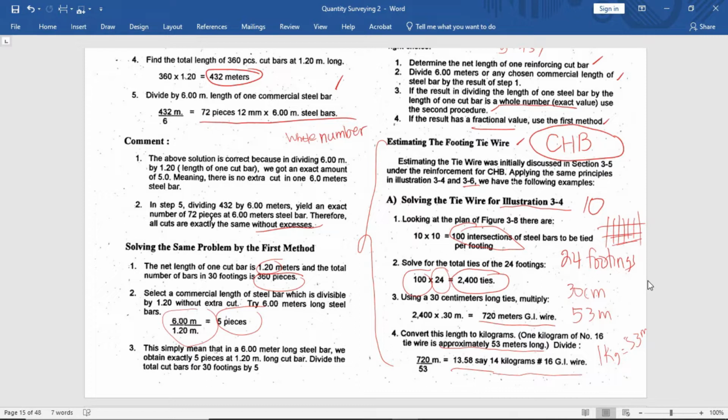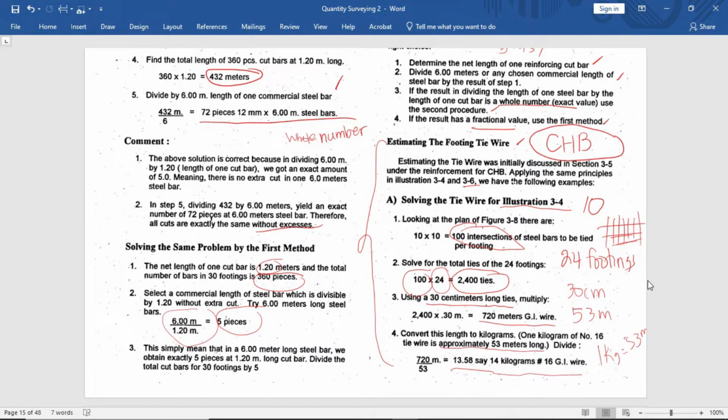So, first, compute the number of intersections, kung ilang times na intersect yung mga bars natin. After that, multiply it by number of the footings, kung ilang footing yung given. Tapos, times natin by the length of the ties that we will use.